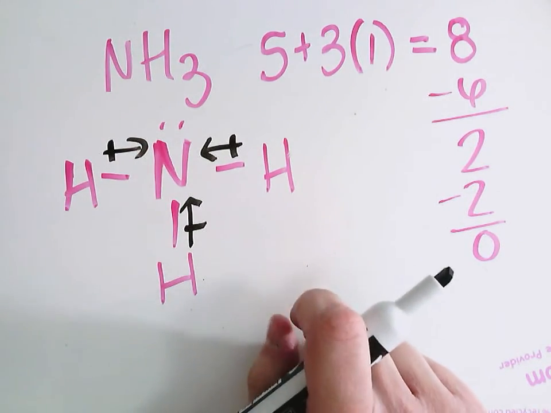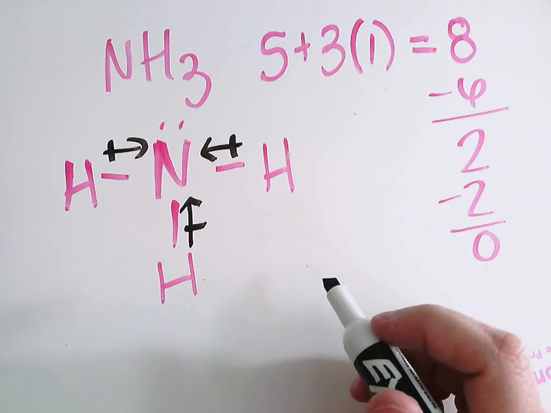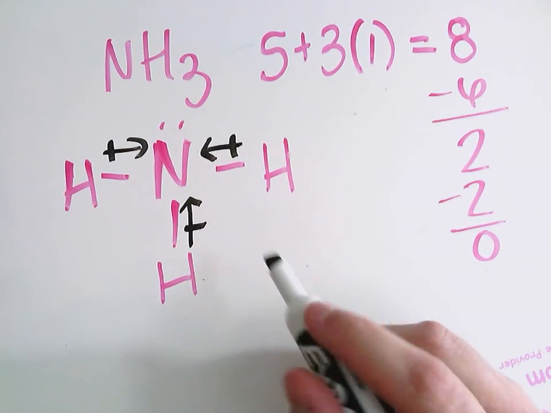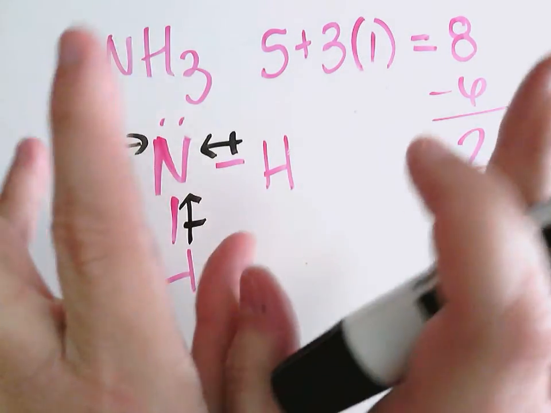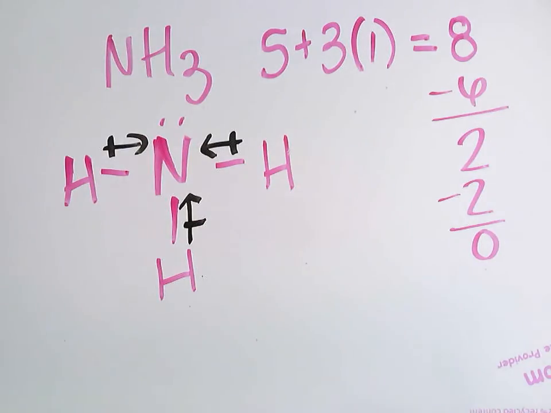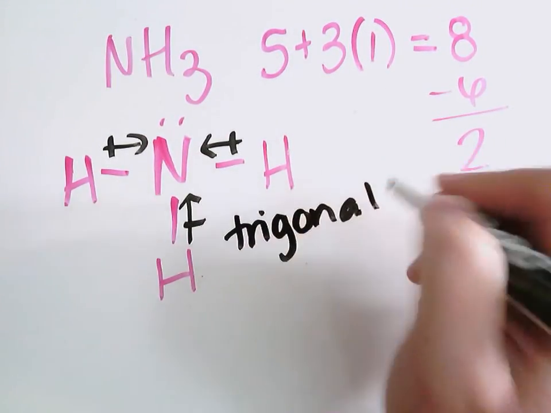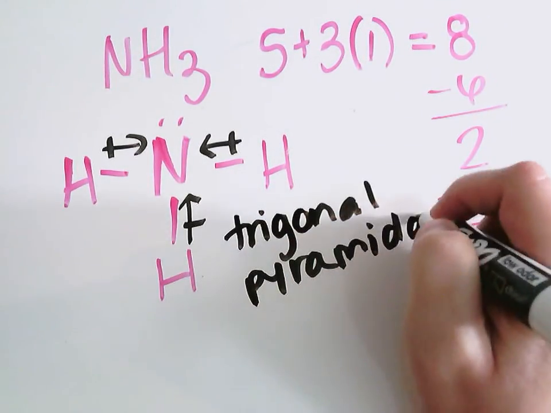So my options are going to be trigonal planar or trigonal pyramidal. My question there is, are there lone pairs on the central atom? Yes, I have these lone pairs on the central atom. That's going to push my bond down. So this is going to stand up like a pyramid. So this is trigonal pyramidal. Okay.